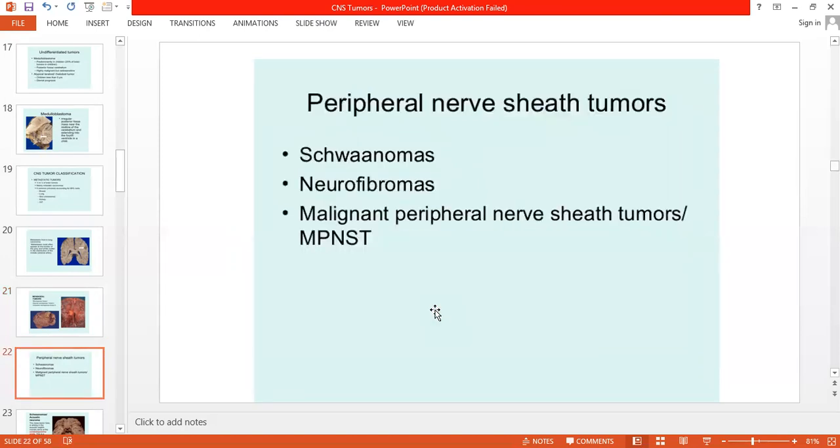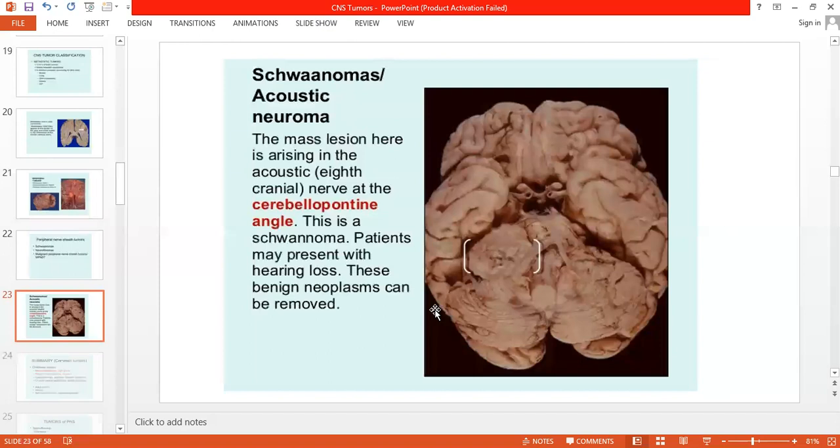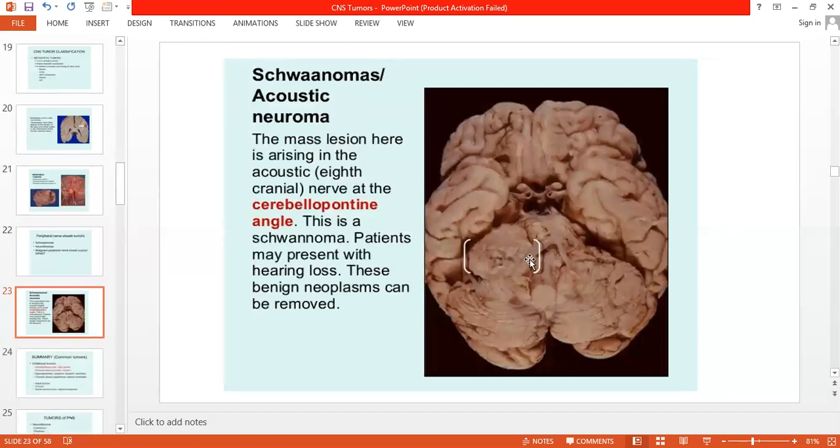Peripheral nerve sheath tumors are divided into schwannomas, neurofibromas, and malignant peripheral nerve sheath tumors, abbreviated as MPNST. Schwannomas usually arise from intracranial nerves, like this acoustic neuroma arising from the intracranial nerve.